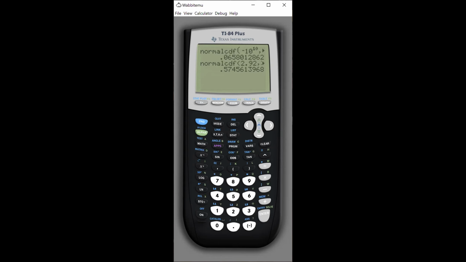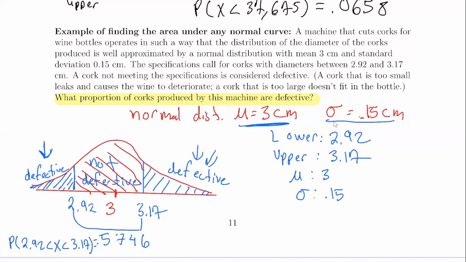I'll transfer it over for the notes. So here's the technical way that you want to write it. You can't say x is greater than 3.17, because that means you shade the right hand side. So you want to say it's between those two values: 2.92 is less than x and x is less than 3.17.